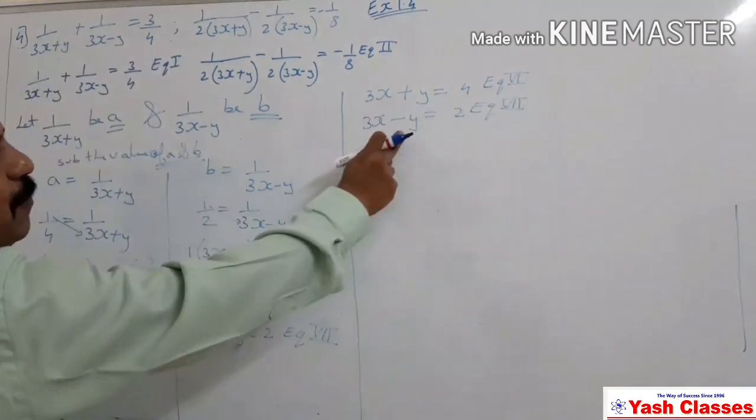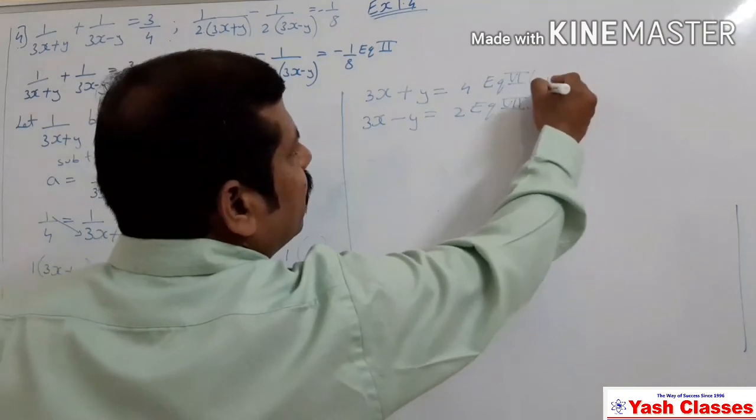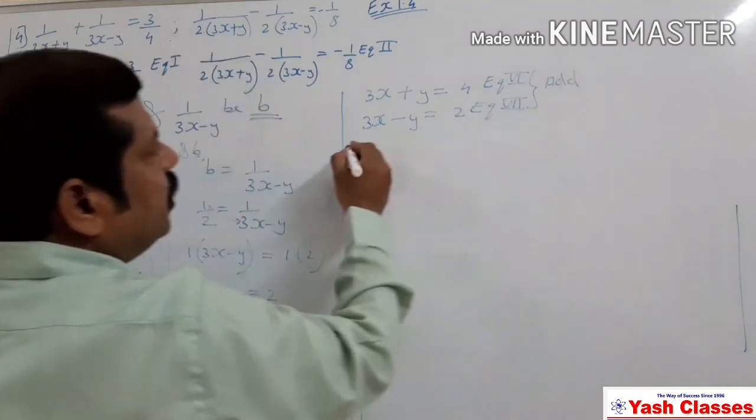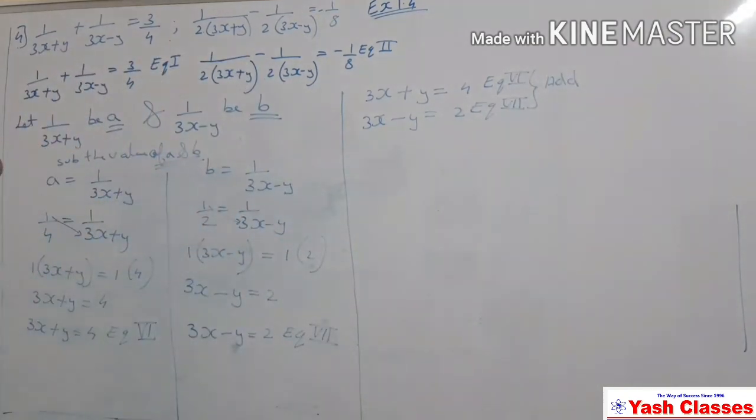Now plus and minus is there. You have to add equation 6 and 7.